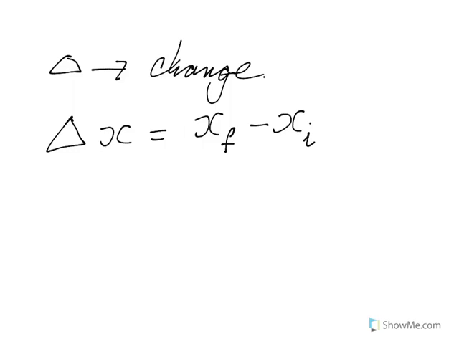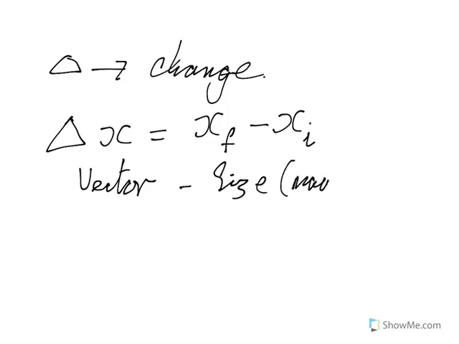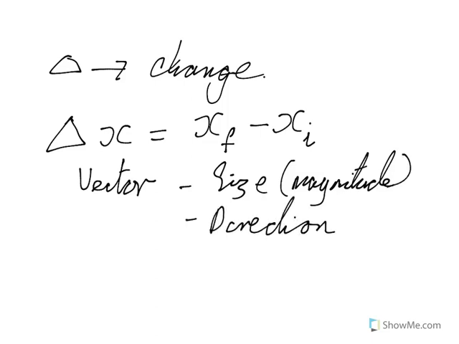Alright, so because it's a vector, as already mentioned, it has a size. Another word for size is magnitude. And a direction. Alright, magnitude, how far you went, and the direction, what direction you had to go to get there.